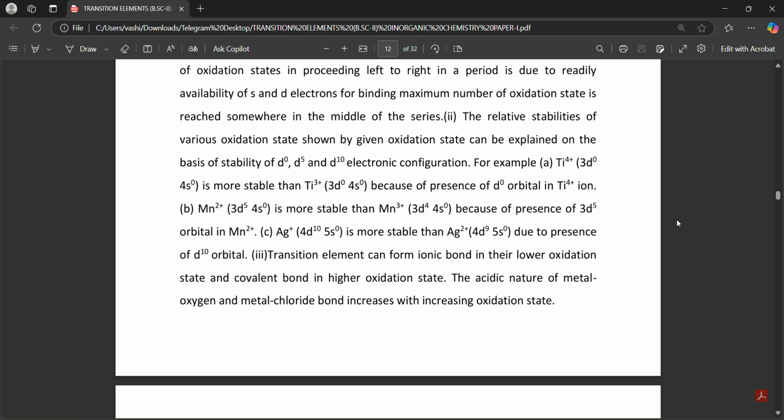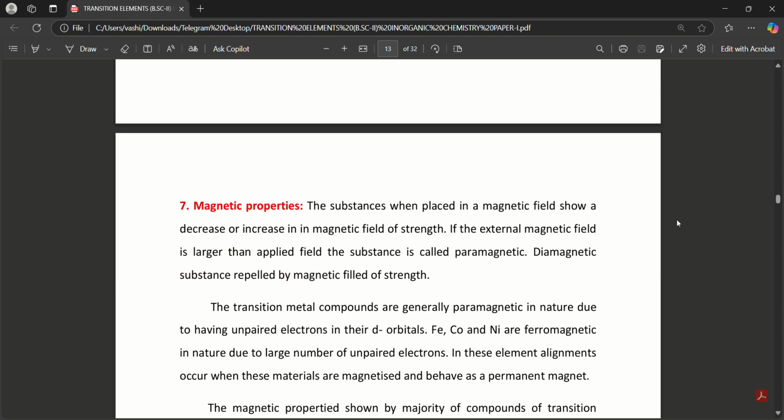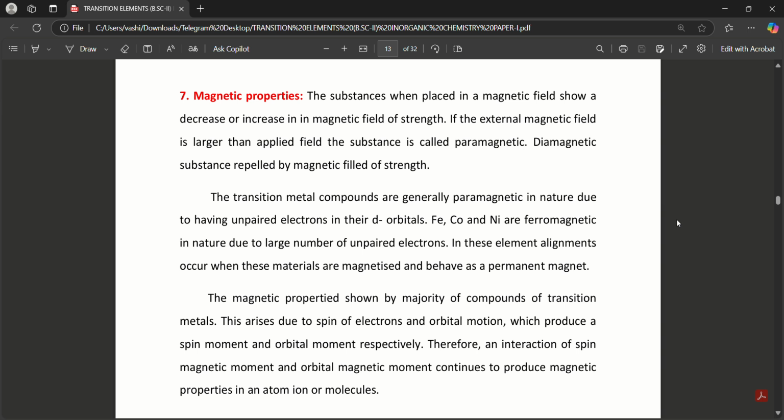Transition elements can form ionic bonds in their lower oxidation states and covalent bonds in higher oxidation states. The acidic nature of metal-oxygen and metal-chloride bonds increases with increasing oxidation state.